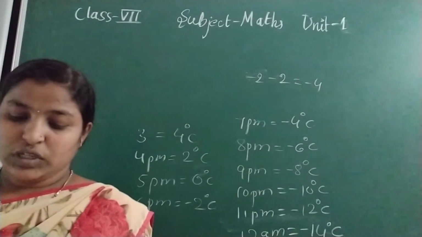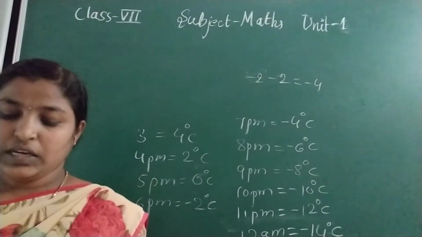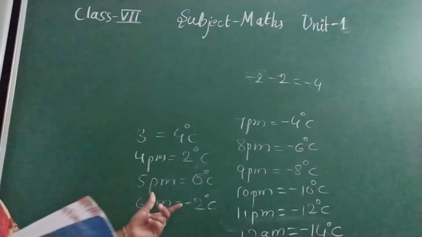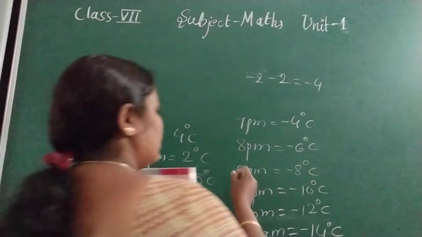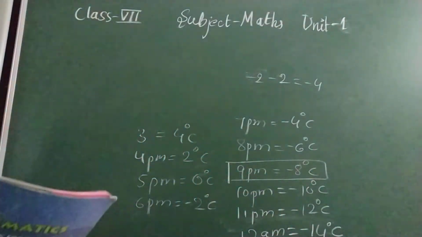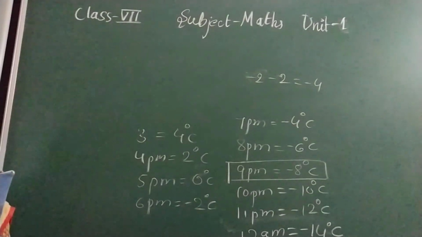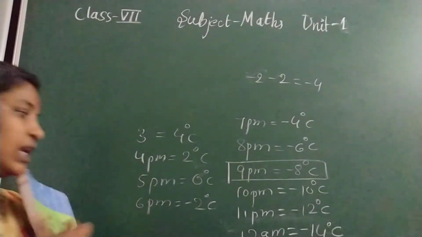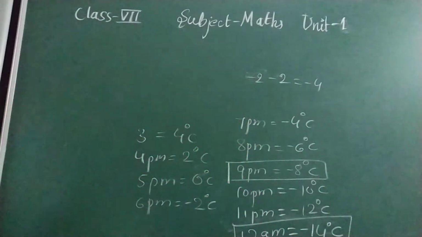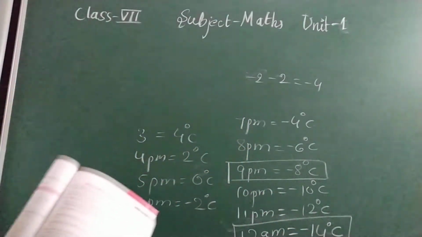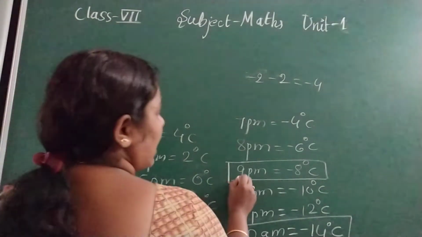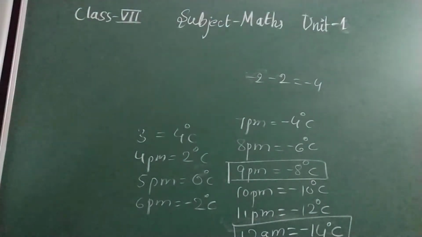At what time would the temperature be 8 degrees Celsius below 0? And what would be the temperature at midnight? So what will be the answers?